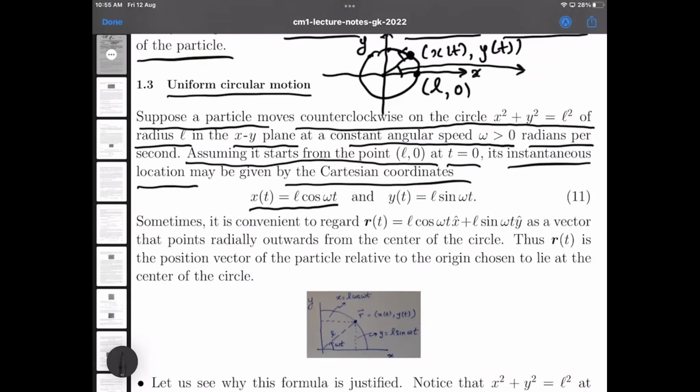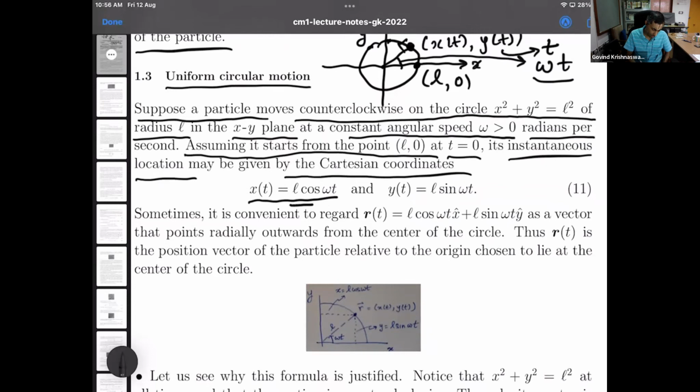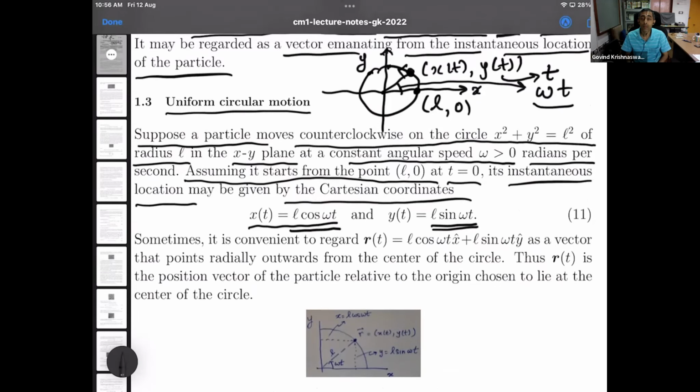Omega t. Yes, that's omega t. So it covers omega radians in 1 second. So if a duration of t seconds has elapsed, then the angle subtended would be omega t. So for that reason, this point x of t, y of t has the abscissa or x coordinate L cosine omega t and ordinate or y coordinate L sine omega t. Any question about that?